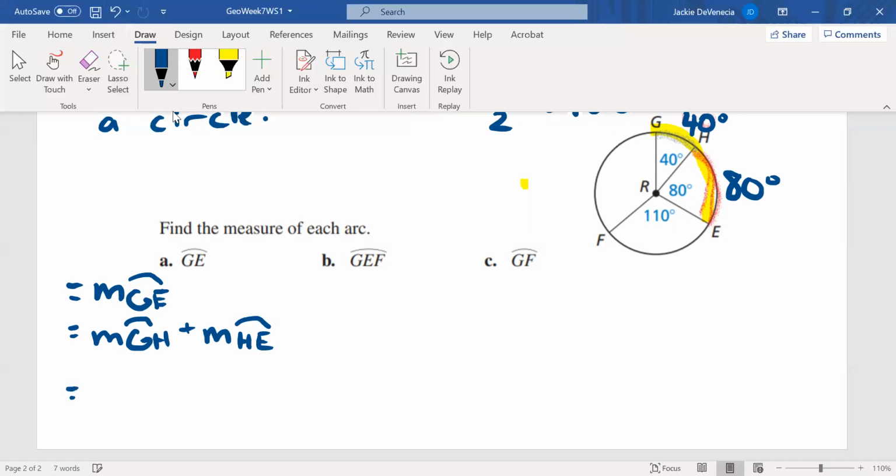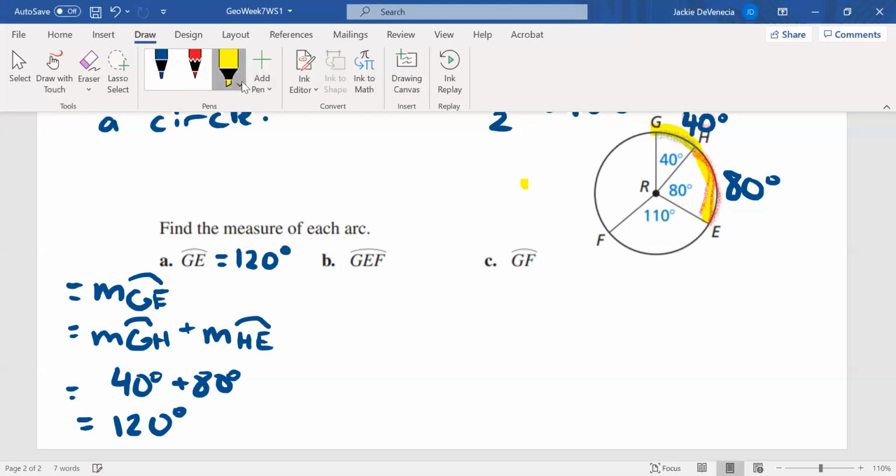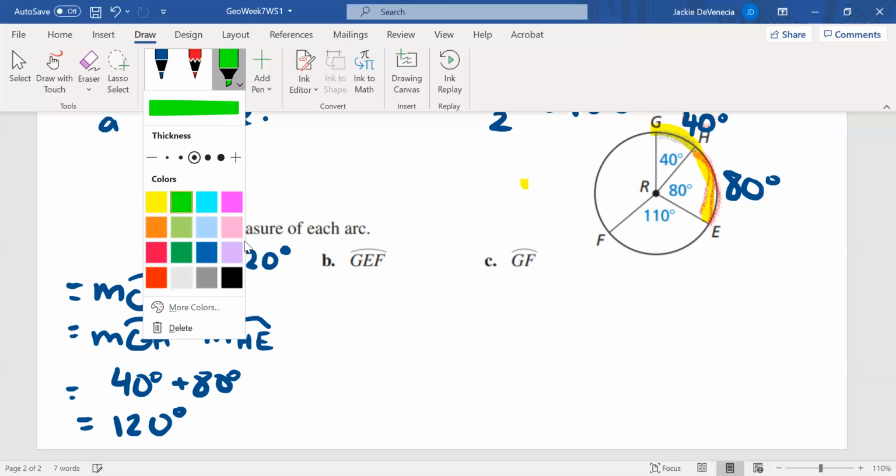If you add those two together, you're going to get 40 plus 80, and that's going to give you 120 degrees. So this will be 120 degrees. Now let's look at this arc. We're trying to find GEF.